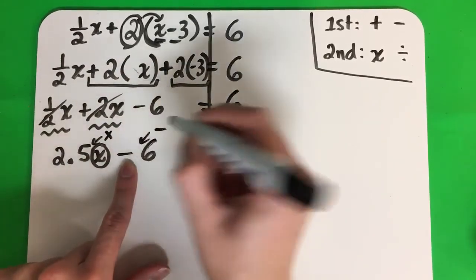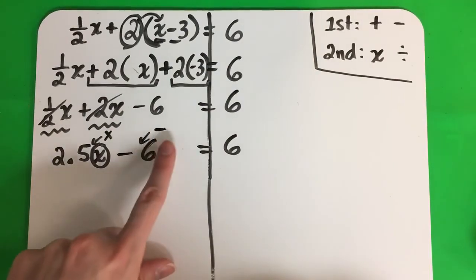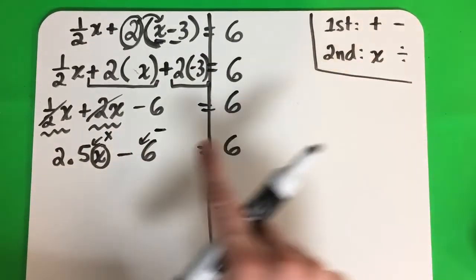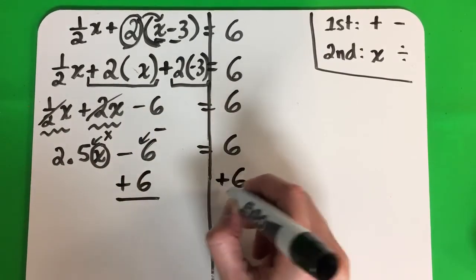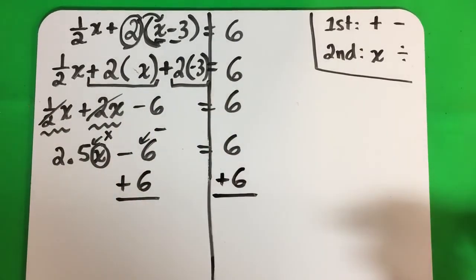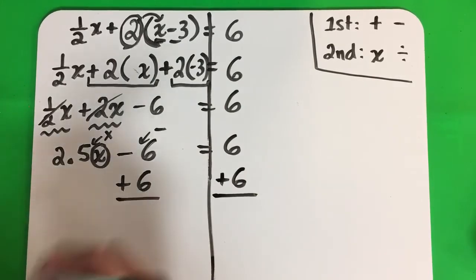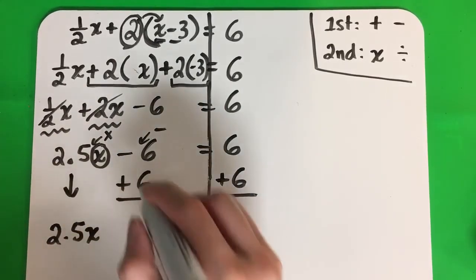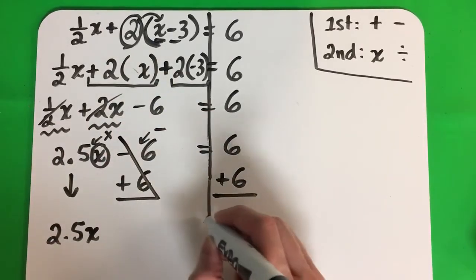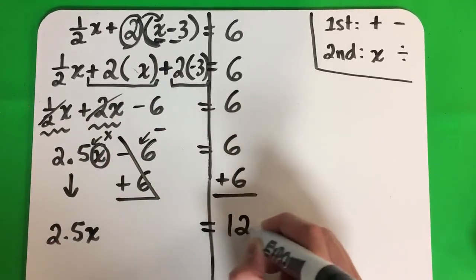This is minus. First, minus. The opposite of minus is plus. Plus 6, plus 6. Okay, copy down. 2.5x. Negative 6 plus 6 is 0 equals 6 plus 6 is 12.